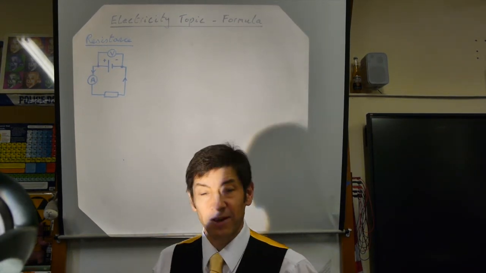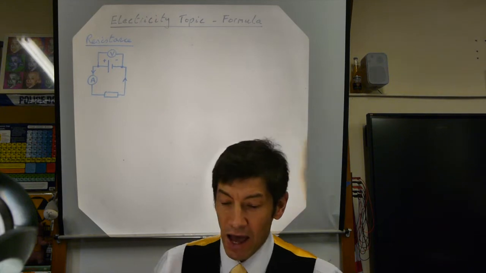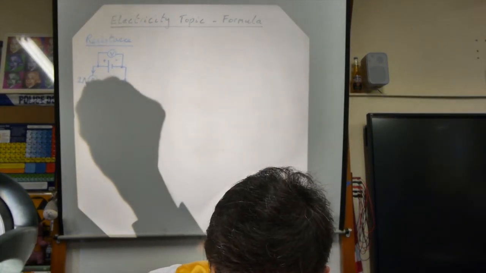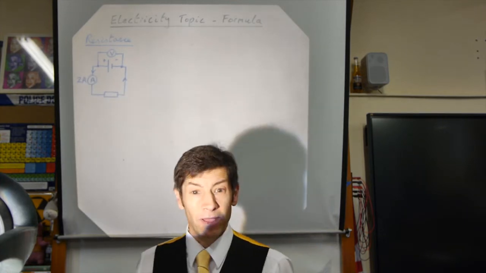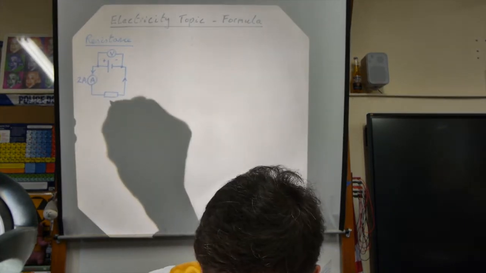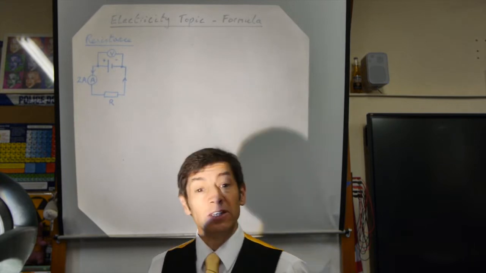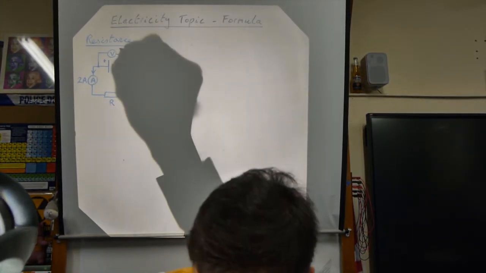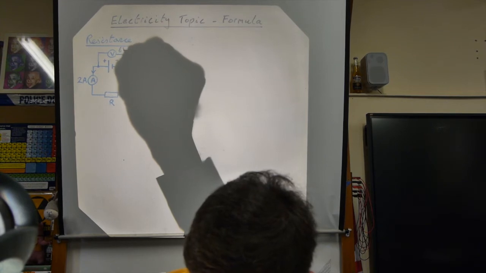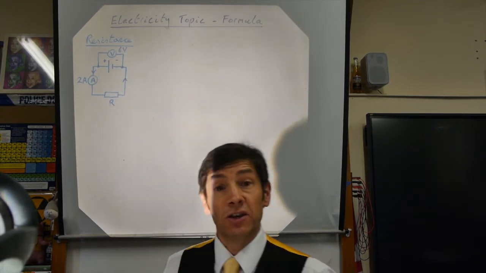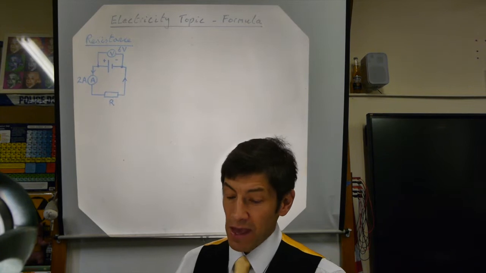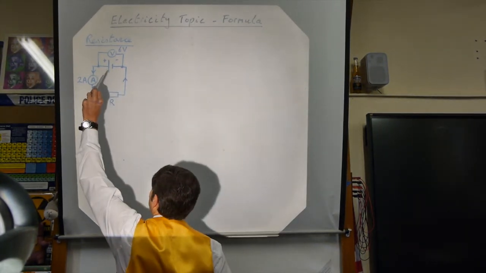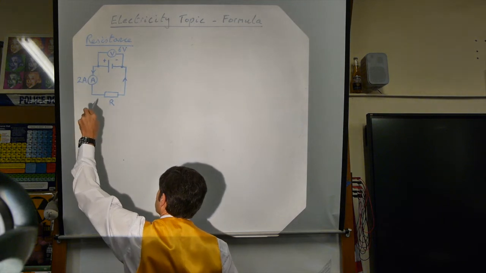Right, so we've set up the sort of circuit we're going to use. I'm going to put a current here of 2 amps, so I'm making up that number. This has got a resistance, and we're going to measure the voltage from the battery, and I'm going to say that that's like we get at school from our battery packs. So that's 6 volts.